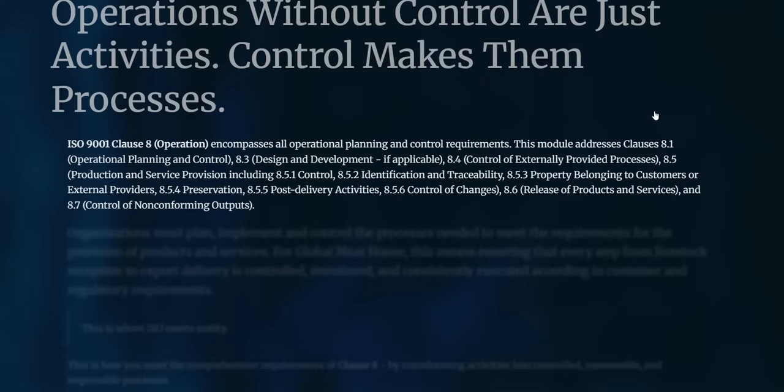And also we will cover Clause 8.5.6 control of change. And then also in this module, we will cover Clause 8.6 release of products and services. And we will cover Clause 8.7, which is control of non-conforming outputs. We will cover it with real world examples, and you will learn effectively how to implement it yourself in your organization.